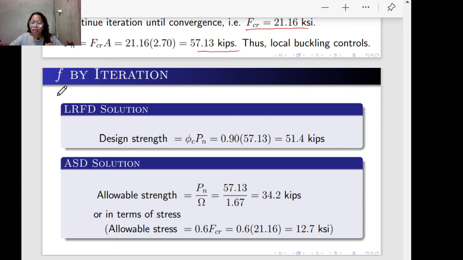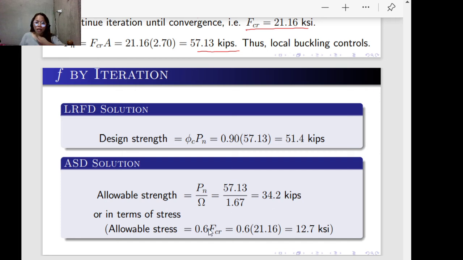The LRFD design strength is the resistance factor 0.9 times the nominal strength 57.13, so the design strength is 51.4 kilopounds. The allowable strength through ASD is this divided by the factor of safety 1.67, or 34 kilopounds.